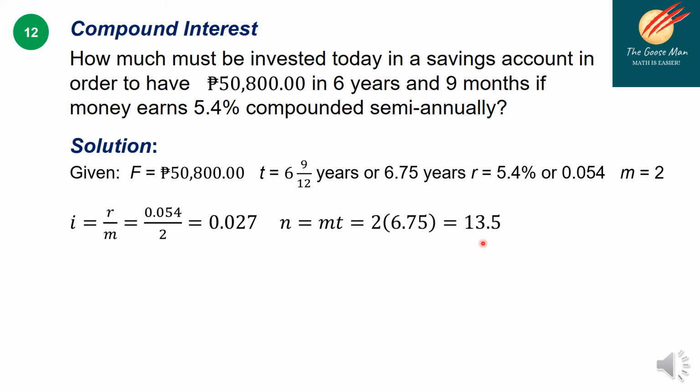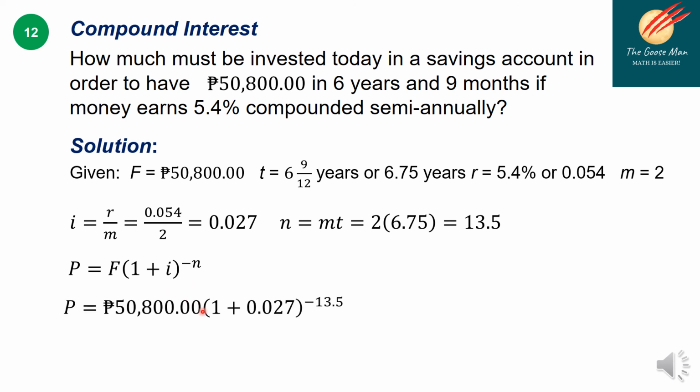Now, let's look for the present value. The present value is equal to future value times 1 plus i raised to negative n. We have negative n here. So we have 50,800 times 1 plus 0.027 raised to negative 13.5.